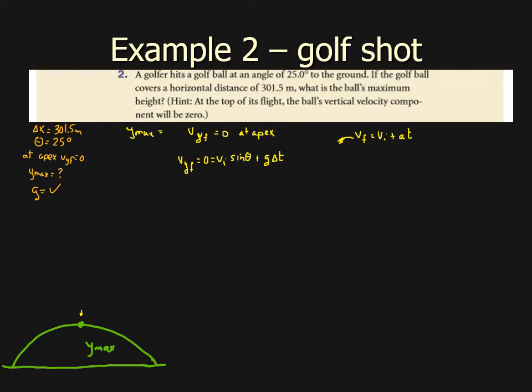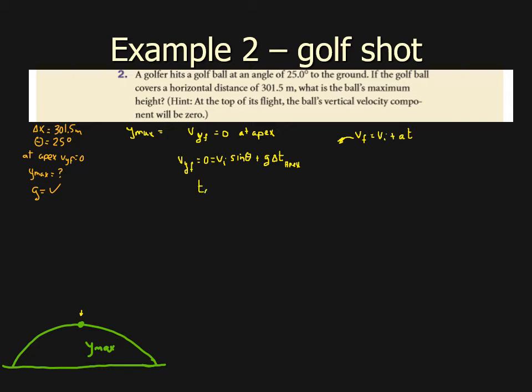Okay, so what we want to do, and this T is at the peak, or at the apex. So apex, let's just write that down. So let's solve for the time, because we don't know the time, and knowing the time of flight to get to the apex, or from the apex to the end, would be very useful. So let's just rearrange and solve for time here.